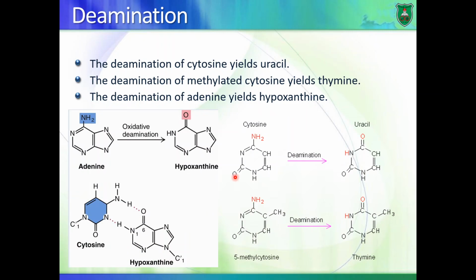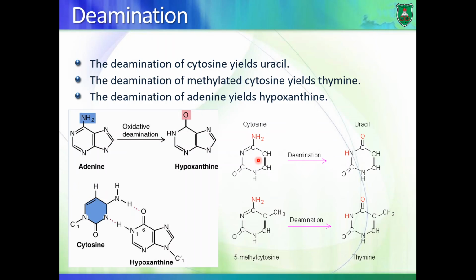Now, remember when we talked about the different structures of bases, and I told you not to memorize the structures of bases, but I wanted you to just look at the structure of cytosine, thymine, and uracil. Look at the structures here. Now, cytosine and uracil look almost exactly the same, except that cytosine has an amino group and uracil has a ketone group right here.